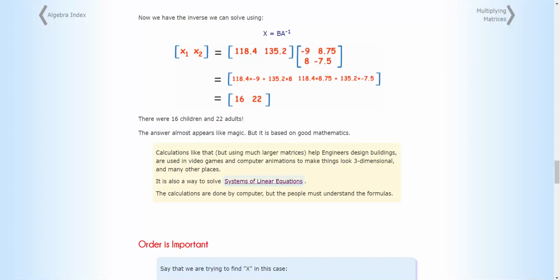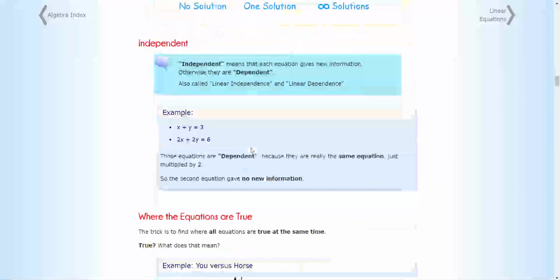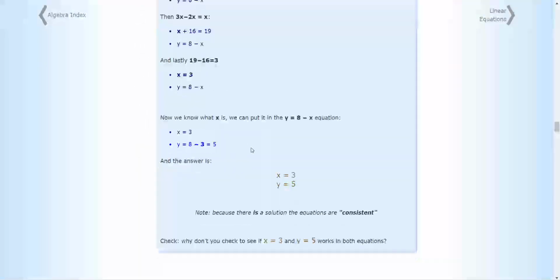I think this is, yeah, it's not really talking about matrices yet.